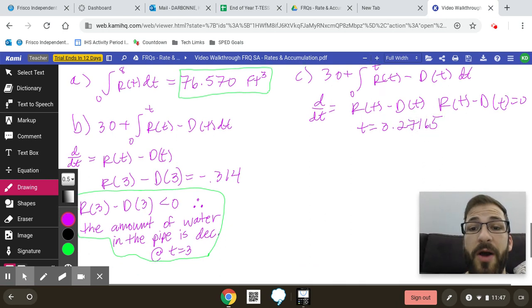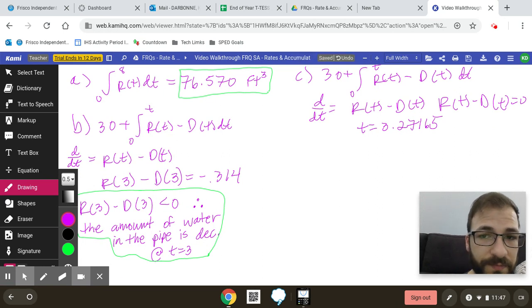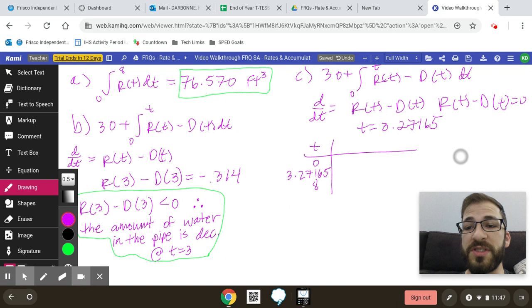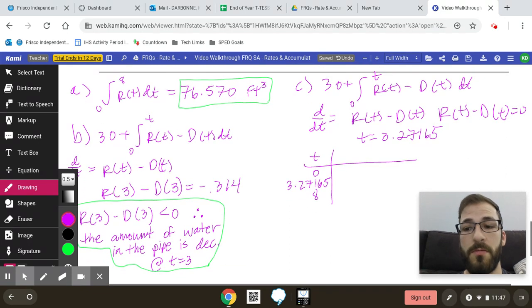Okay, so now I'm going to find, if you've noticed on the scoring reports, they like to make a little table, which tables are kind of cool. So t-value of 0, 3.27165, and 8, and I'm going to find all of these values. Now, remember, I'm just plugging t in here for length of the video's sake.